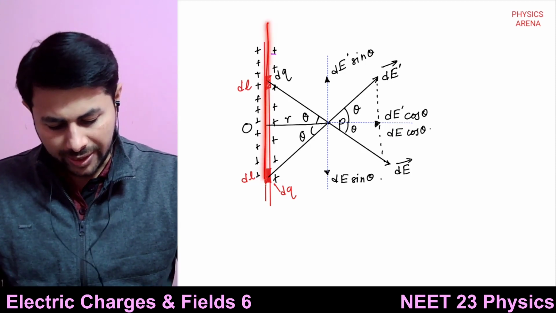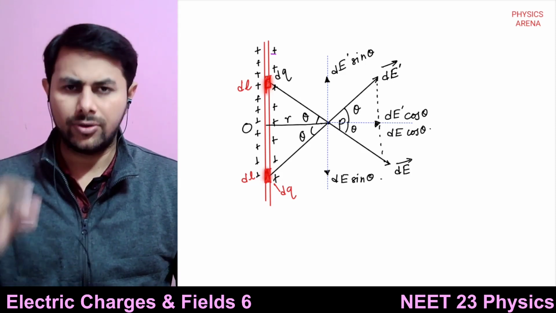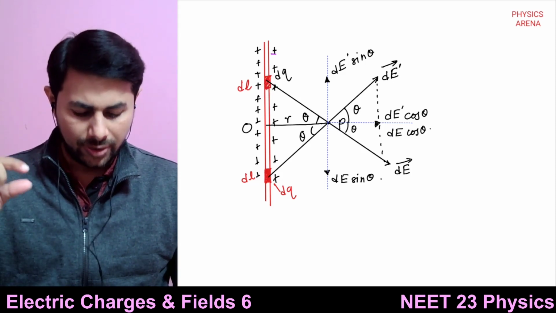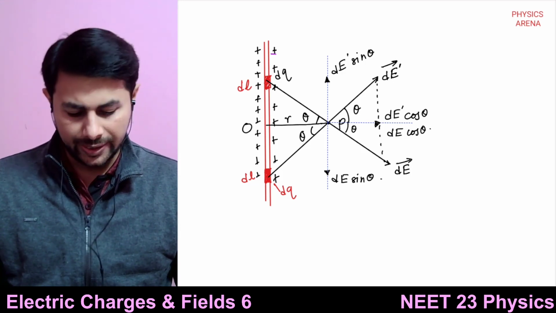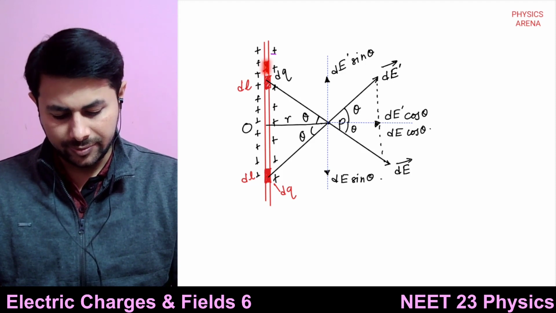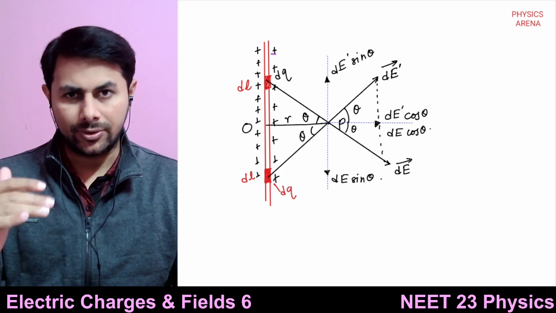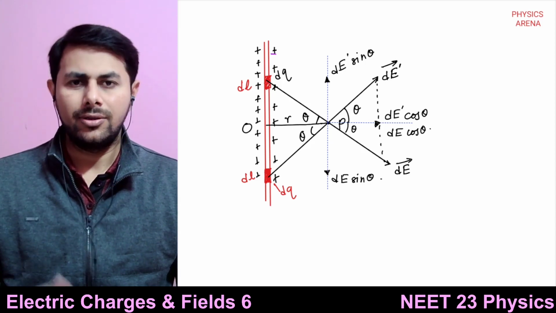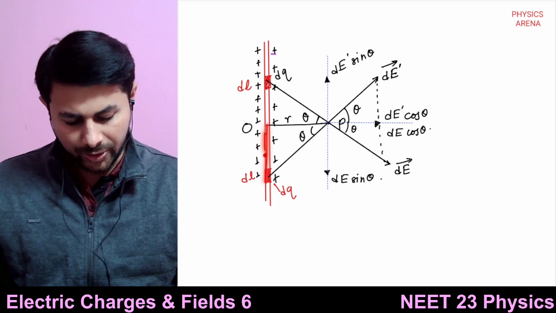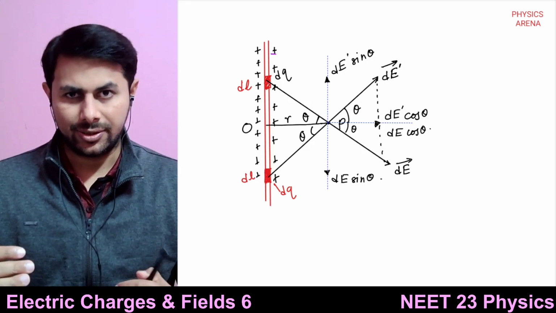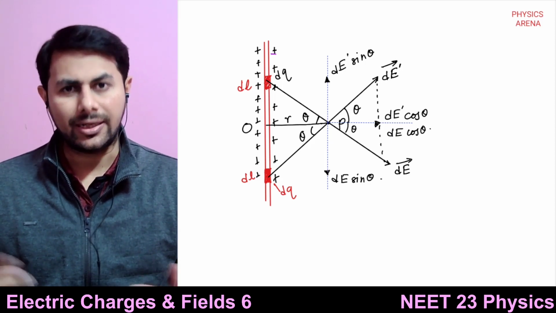This wire has infinite length and we just considered only two small length elements on this wire. Now we can consider another length element here. For every length element that you consider above the point O, you have a length element of equal length below the point O at the same distance. So the vertical components of electric field due to them will get cancelled out.